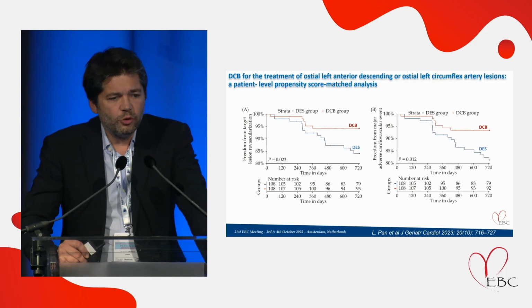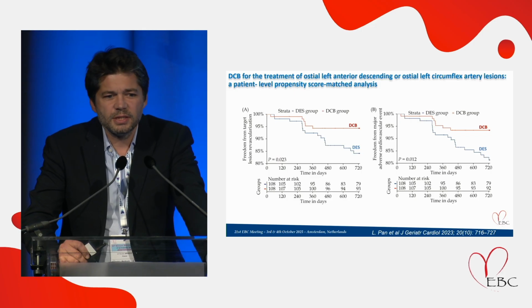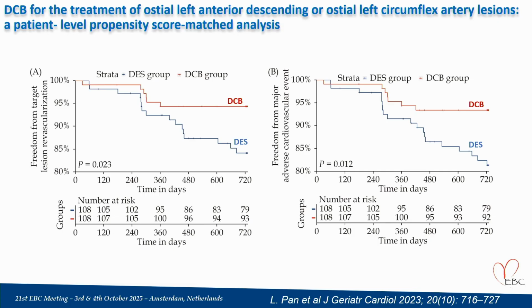This hybrid approach has been suggested to be effective by a publication from a Chinese group suggesting that the clinical outcome could be better if we use a DCB in the ostial circumflex compared to DES.